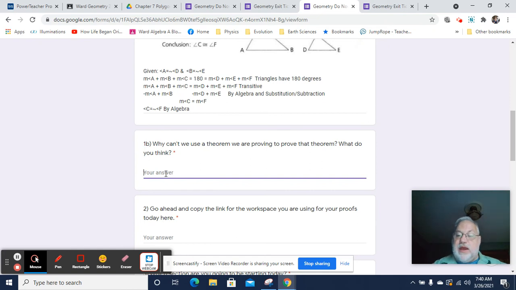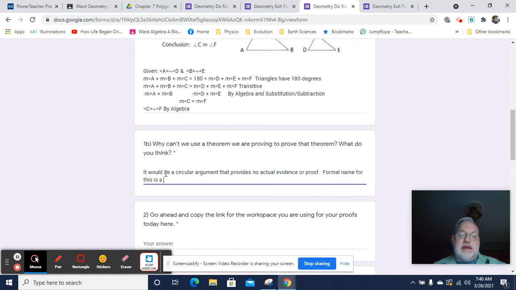It doesn't actually provide new evidence. There's a fancy word, it's called a tautology. It would be a circular argument that provides no actual evidence or proof. The formal name for this is a tautology.